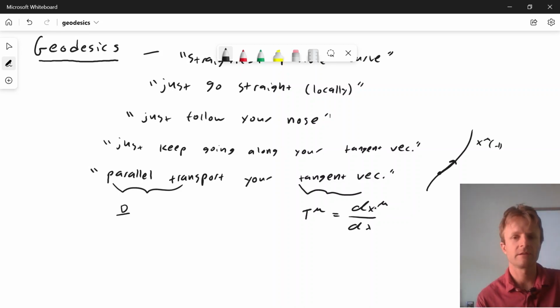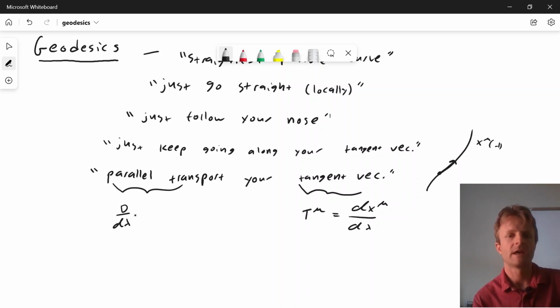Over here it's little d. These are not tensors. These are just coordinate functions, defining the tangent vector in terms of components in terms of a coordinatization of the curve. But over here, we have big D d lambda, parallel transport something, v, but now it's going to be t. And that is the geodesic equation.